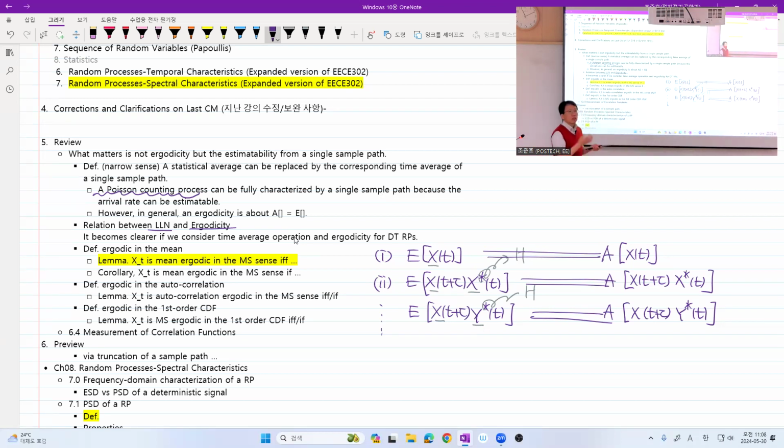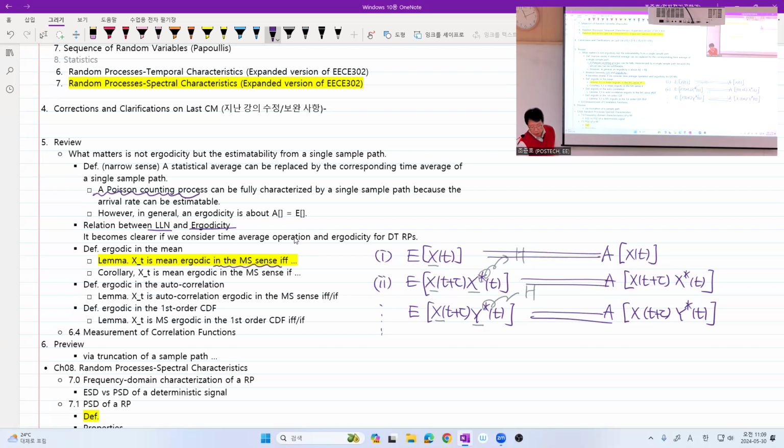Among them, for educational purposes and also practical reasons, we just considered mean square sense convergence. So that's why we studied mean square ergodic in the mean function, mean square ergodic in the autocorrelation function, something like that. Got it?